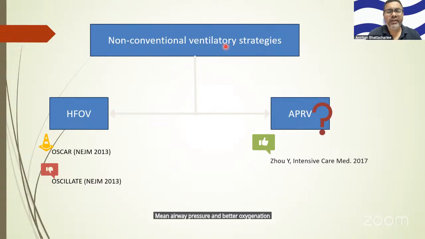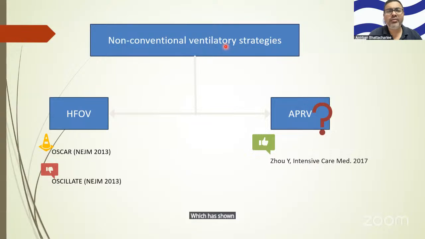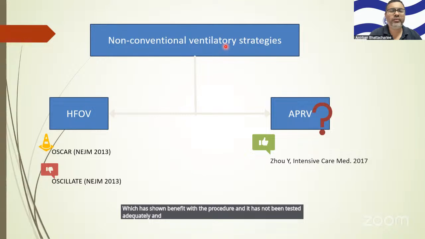But the evidence of benefit with this mode is very limited. I think one positive trial was in 2017. It was a single center RCT, which has shown benefit with the procedure, and it has not been tested adequately. And for the majority of part, we can do well sticking to conventional ventilation like volume control ventilation rather than adopting APRV.